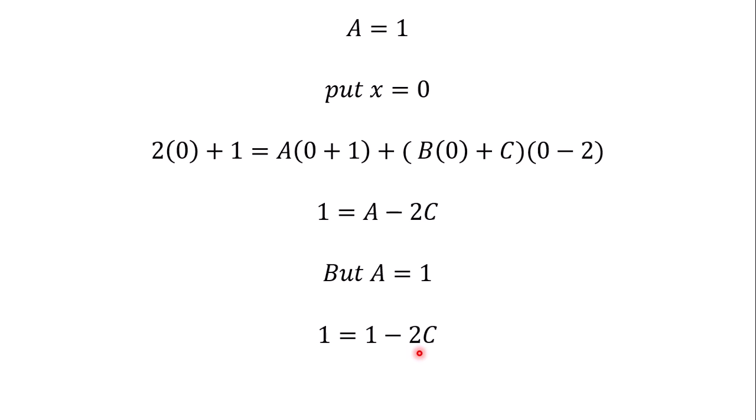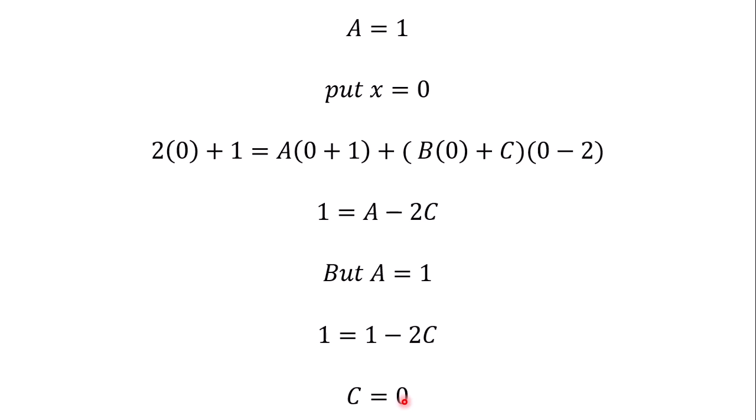How are we going to find the value of c? Bring this 1 here, so 1 minus 1 is 0. Minus 2c is equal to 0, so 0 is equal to minus 2c. When we divide both sides by minus 2, we get c is equal to 0.